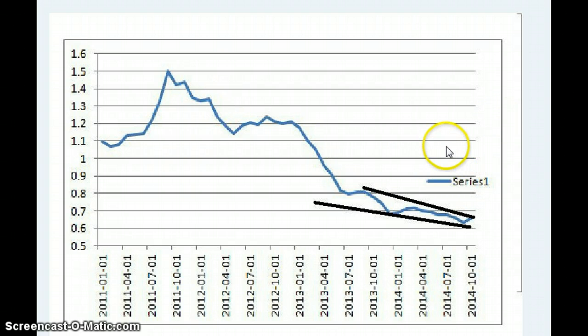Because I took the gold price, which is, I don't know, 1200, and divided that by the S&P, which is close to 1900-ish. The S&P actually went down with this market correction, and you saw this move up in the ratio.